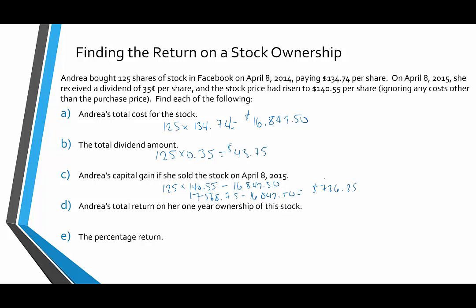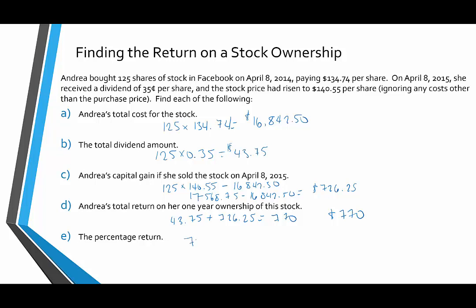And I got that her capital gain was $726.25. Her total return, this is going to be parts B and C added together, so $43.75 plus $726.25, and that adds up to $770. So her total return was $770. And then what was the percent return? Again, it's nice to have $770, but was this a really good thing that she did?